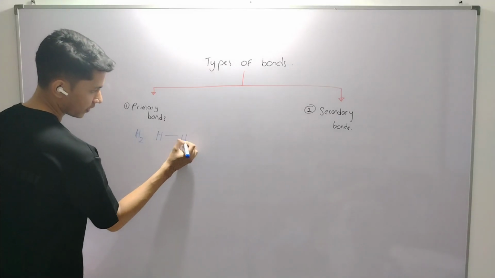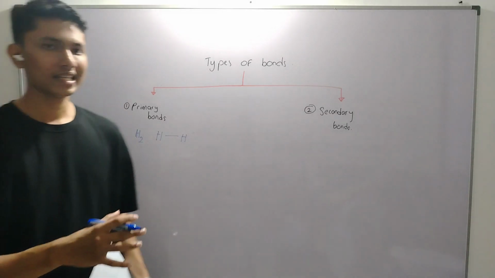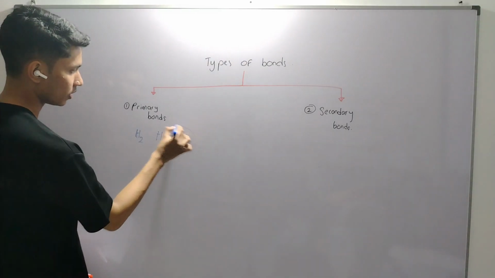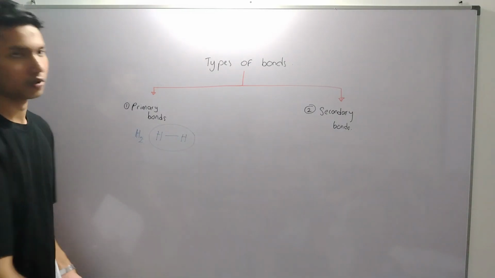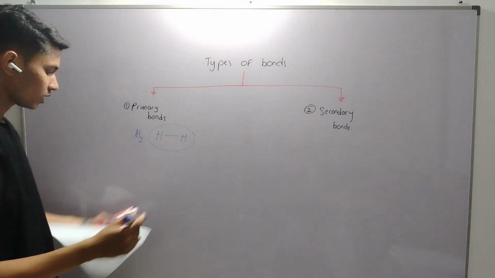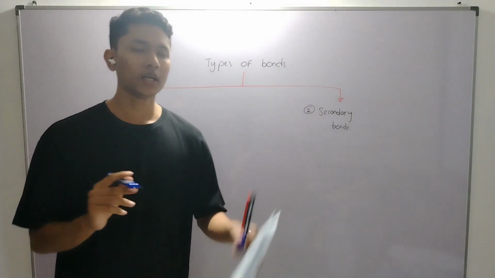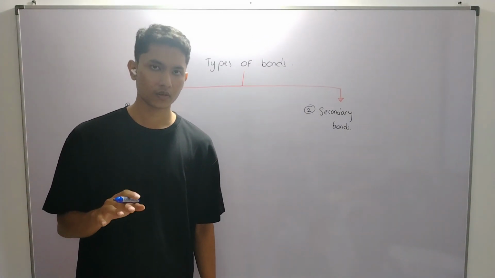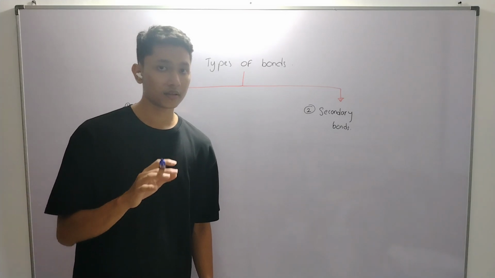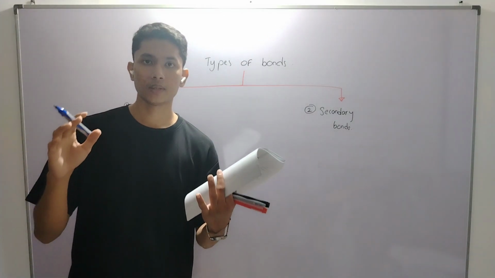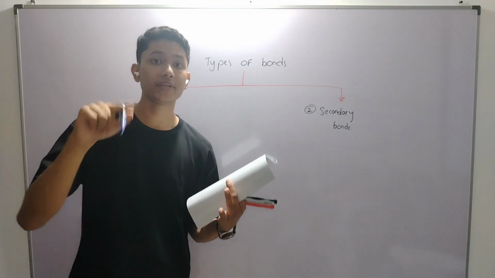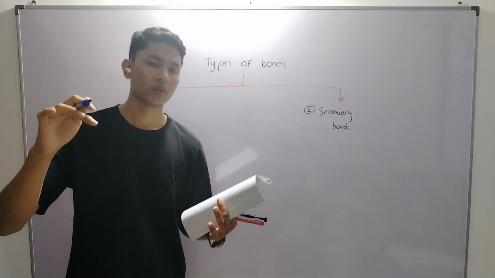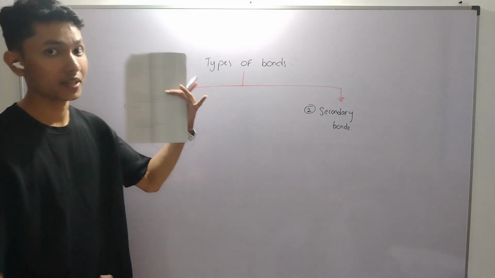Like this. A primary bond is a bond present within the molecule. Now this is a molecule, and this is a primary bond. Primary bonds are bonds that are present within the molecule. Bonds present within the molecule are intramolecular interactions.